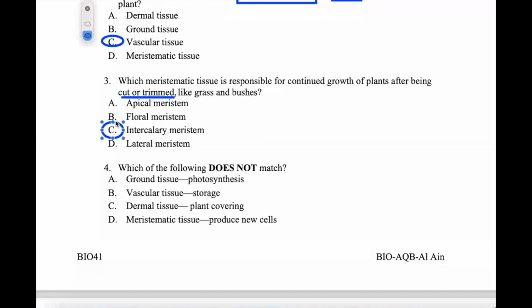Again, boys, listen. Umar? Yes, can you clarify why you did not choose apical meristem? Why you didn't choose apical meristem?